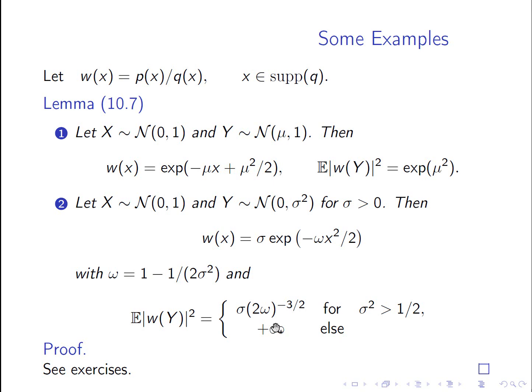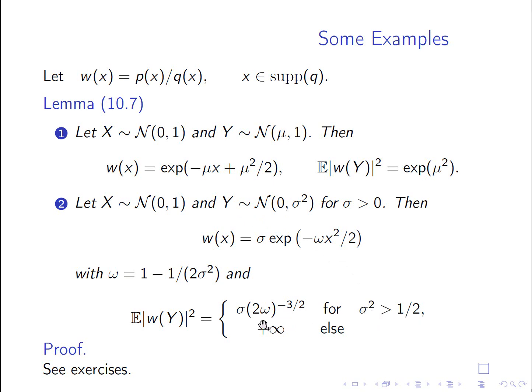So here you can see why importance sampling is a bit difficult. If you want to compute the expectation of some functional of a standard normal random variable, you can try to do importance sampling, but you cannot make the variance too small.